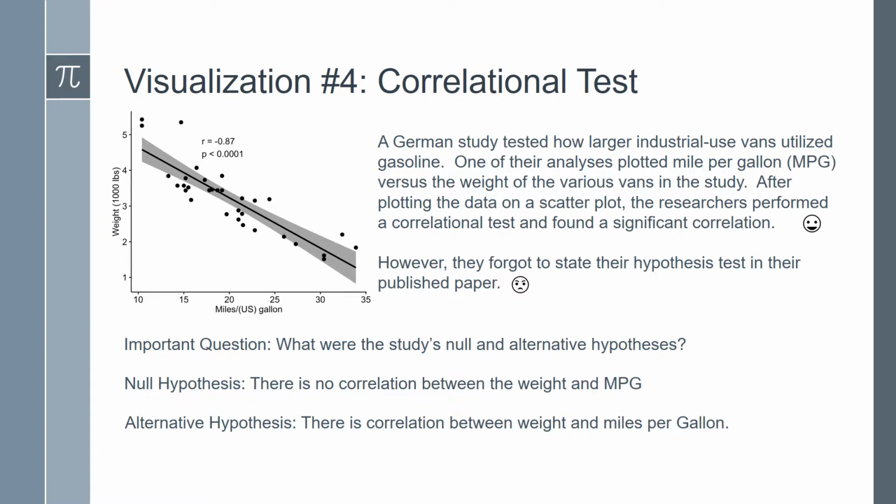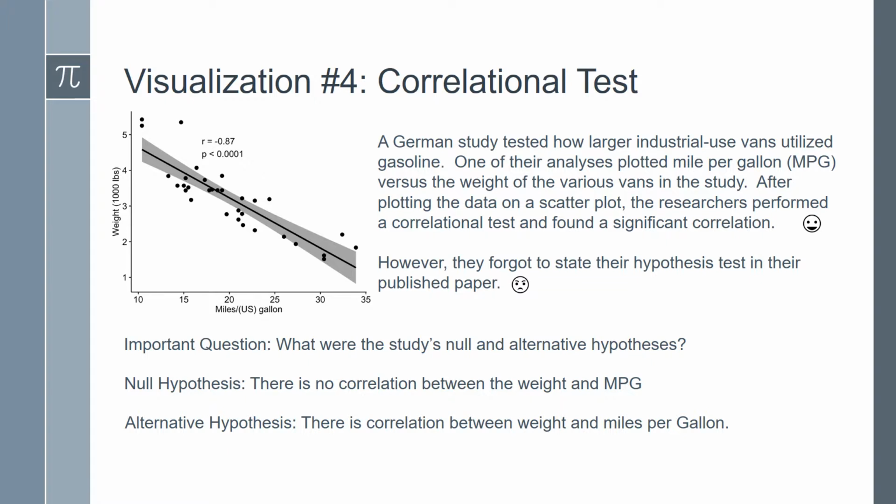And this is the correlation test, which is called visualization number 4. Here the research is a German study that tested whether high industrialized vans utilized higher gasoline. So in the analysis, they plotted miles per gallon versus the weight of the various vans in the study.